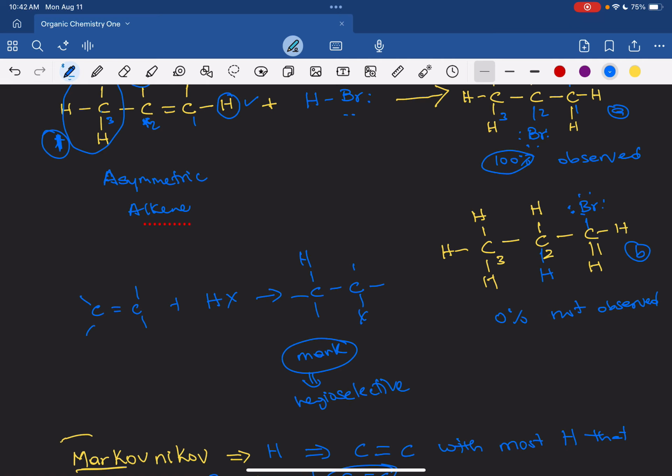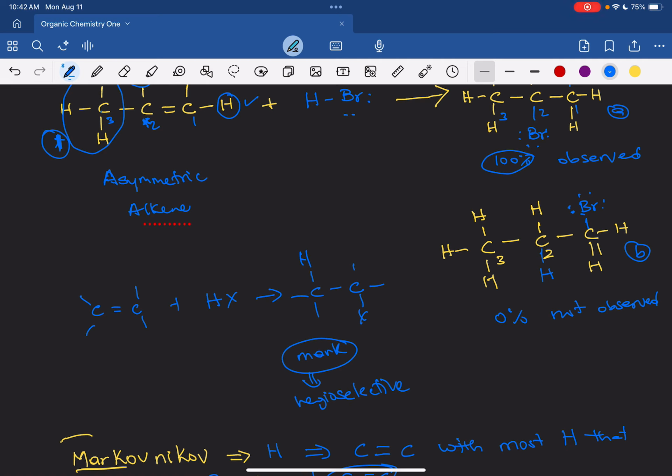Here's the thing. With organic, you have to memorize some things, but a big part of it is concept. So it's two things together, memorization and concept. The memorization is you remembering what Markovnikov says. The concept is you being able to apply it. It doesn't matter which alkene I give you.